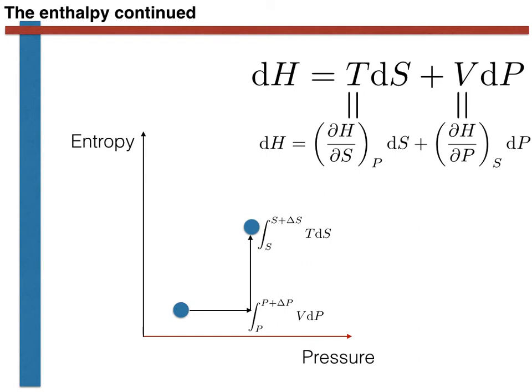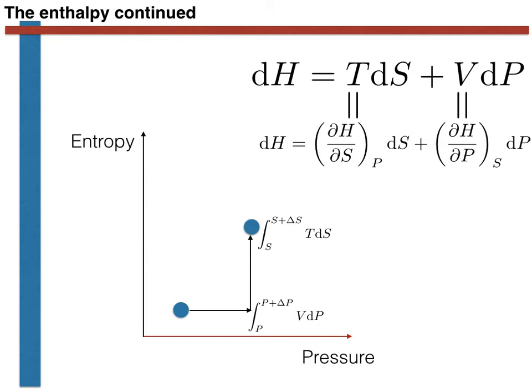An alternative way of thinking about these derivatives is to remember that differentiation is the reverse of integration. If I thus take the integral that gives me the change in enthalpy that I would observe if I change the pressure whilst holding the entropy fixed, and differentiate this with respect to the pressure, I get that the derivative of the enthalpy with respect to the pressure at constant entropy is equal to the volume.